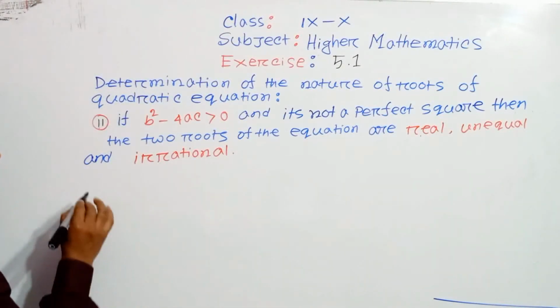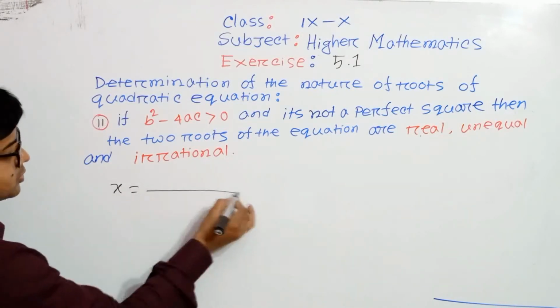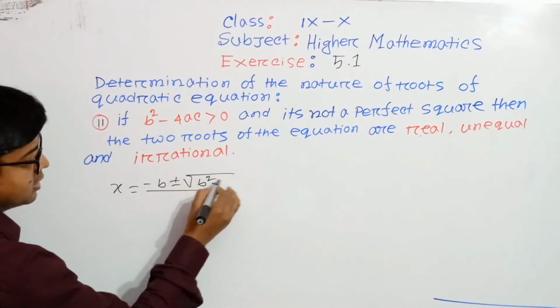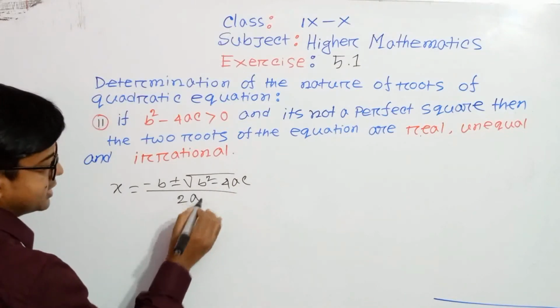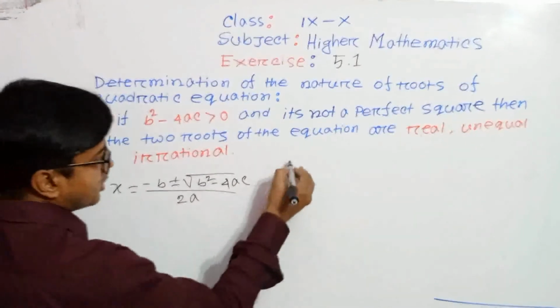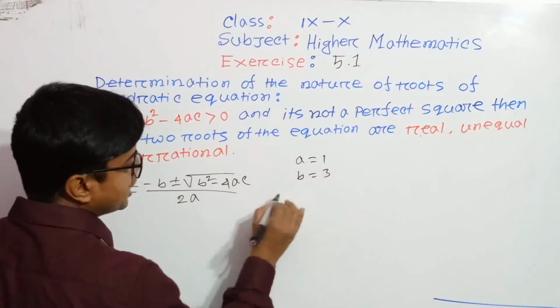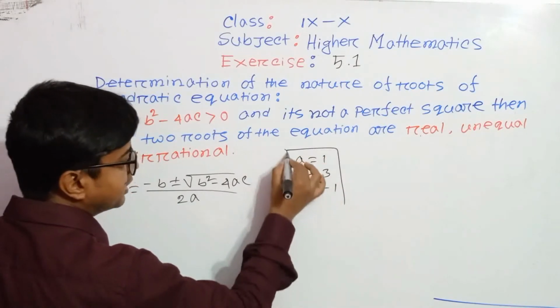Already we know that the roots of a quadratic equation are x equals minus b plus or minus square root of b square minus 4ac, divided by twice a. Suppose a equals 1, b equals 3 and c equals minus 1. They are all real numbers.